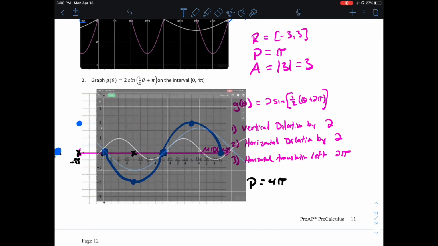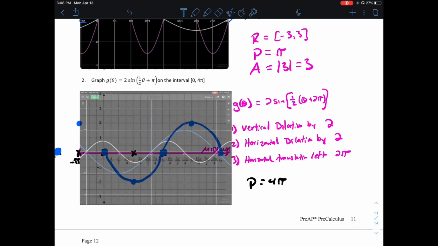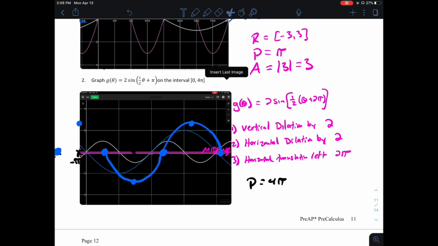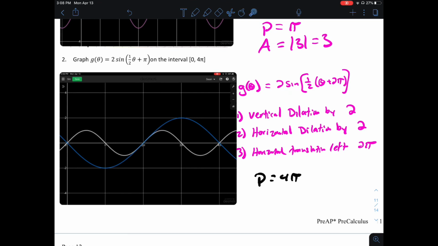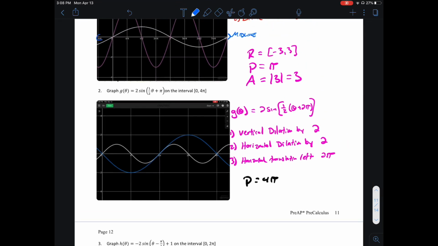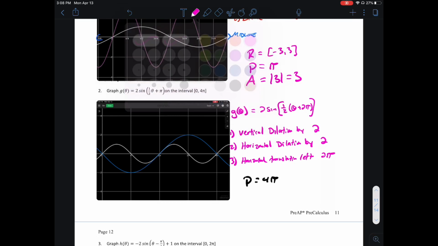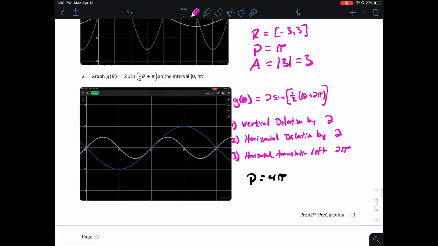The scale's a little bit different on these. Anyhow, the graph's going to look something like this. The blue graph's what we're concerned with. Once again, you're allowed to use your calculator for this. I was just showing you how to do it by hand because I think that's important as well, even though you won't be tested on how to do it by hand. The range for this function is going to go from -2 to 2, and then the amplitude is the absolute value of the lead coefficient, which is 2.